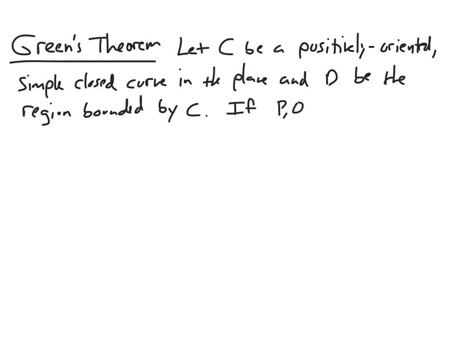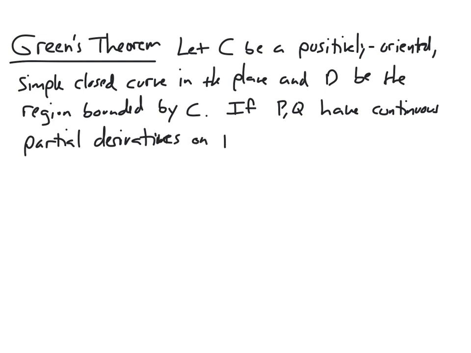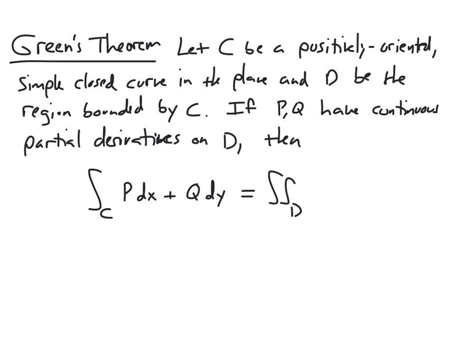So if my scalar functions of my vector field, P and Q, have continuous partial derivatives, which we've seen is necessary for the different things that we've looked at, so if they have continuous partial derivatives on region D, then the line integral over C of P dx plus Q dy is equal to the double integral over the region D of the function del Q del x minus del P del y.